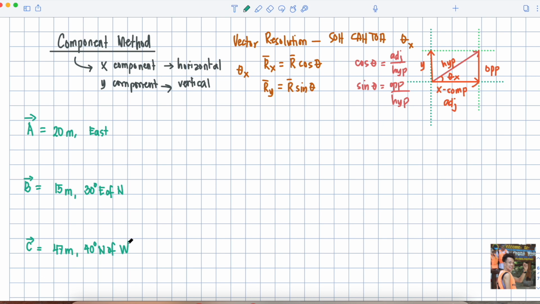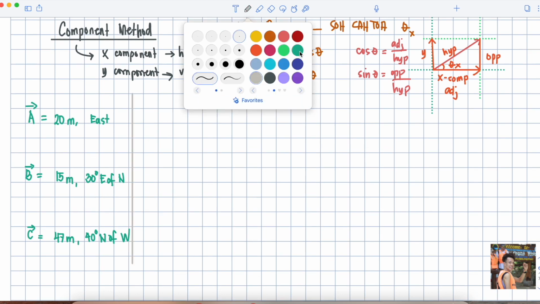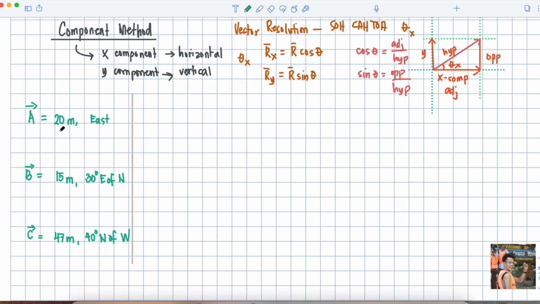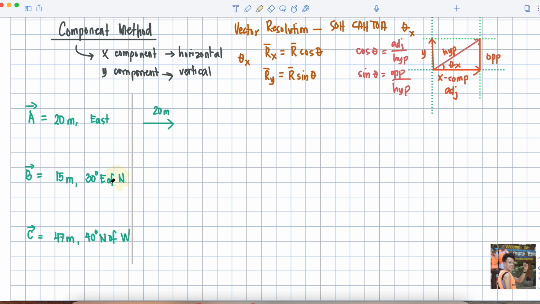So let's first represent these vectors. We have vector A is 20 meters east. Vector B is 15 meters 30 degrees east of north. Now, we notice the prepositional phrase "of north." It means to say that we measure from north 30 degrees going east.